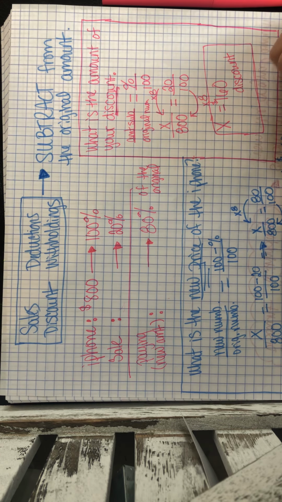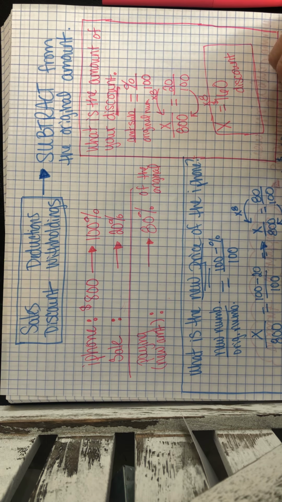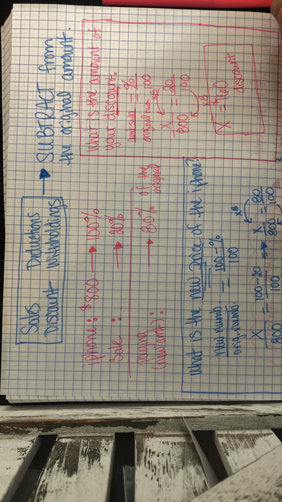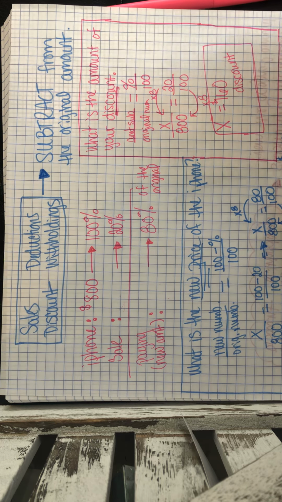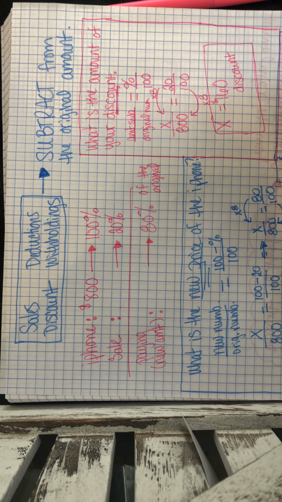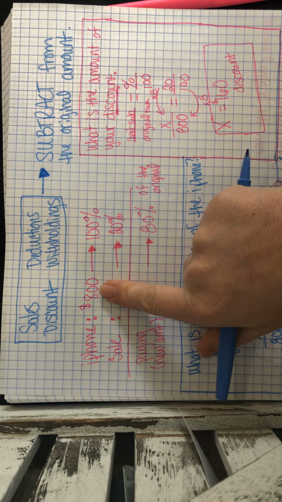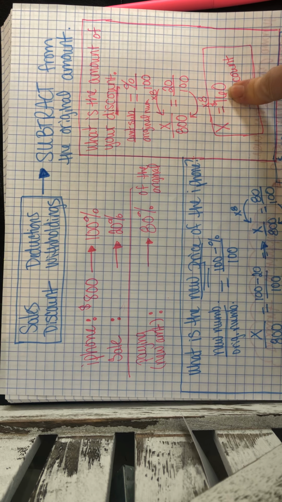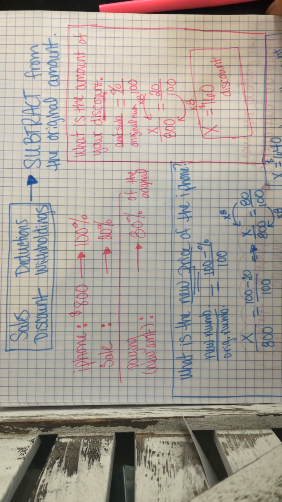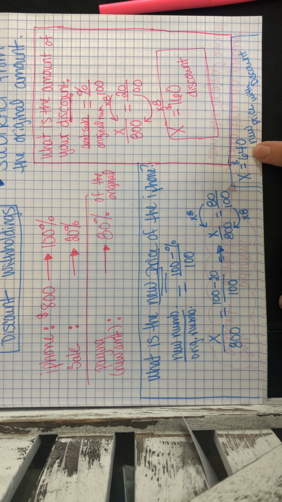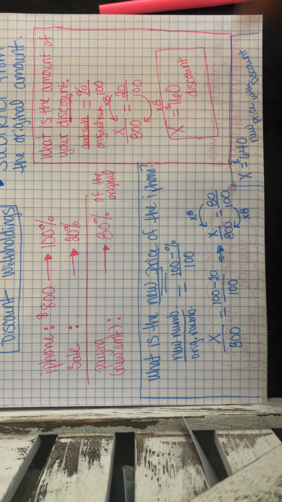So $640 is the new price with discount. And again, that would make sense because if we take the $800 that the phone cost and we subtract the $160 discount, sorry, I didn't realize you couldn't see that. Here's my work here. We end up getting $640 for the new price of the phone with the discount.